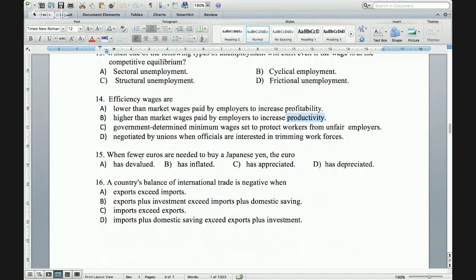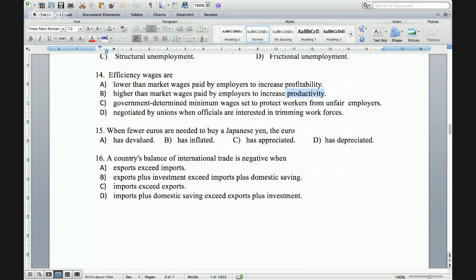Okay, 15. When fewer euros are needed to buy a Japanese yen. Okay, so it's definitely not inflation. You could have a devaluation, but that's more of an action prompted by government interference.